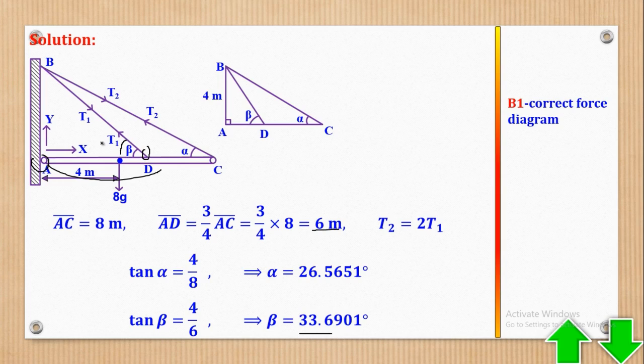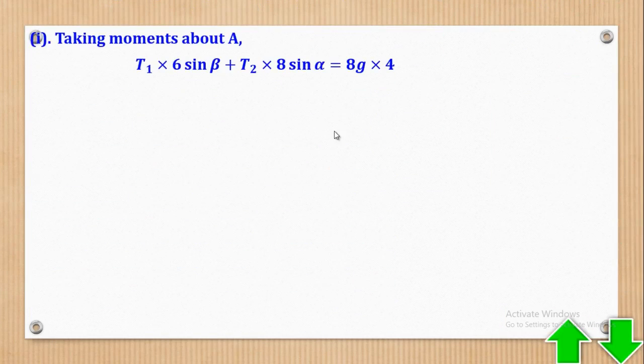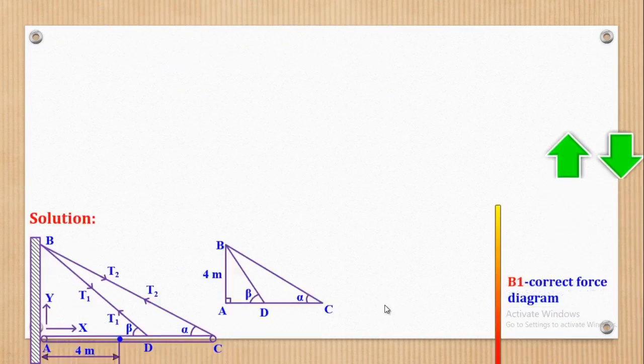Therefore, the moment for T1 will be T1 times AD, which is 6, times sine beta, which is 33.6901 degrees. So when you go back here, this is where this is coming from, T1 times 6 sine beta. Now let's go to T2.